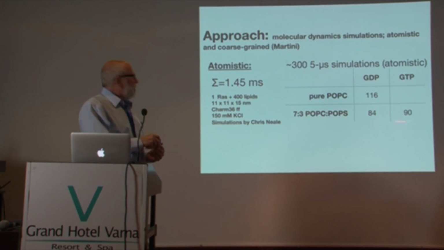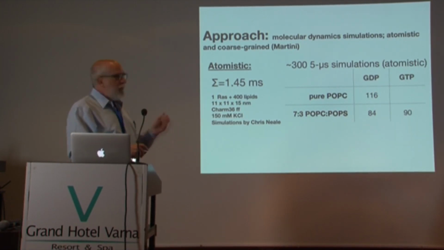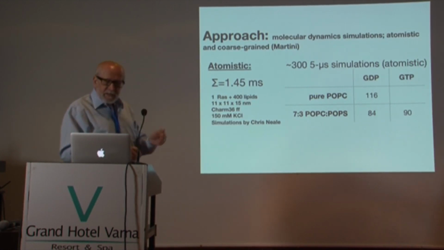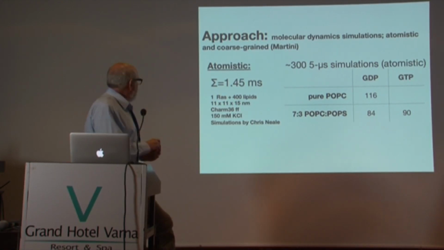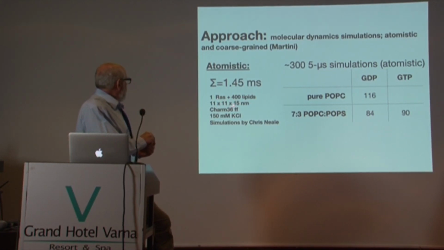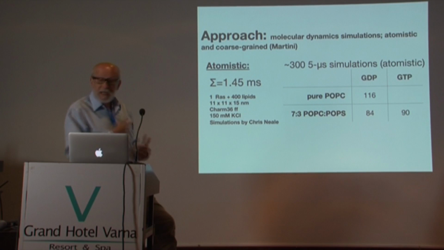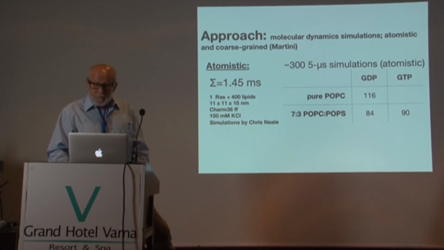Everything has been repeated almost 100 times, so it's almost 105 microsecond simulations. There is a reason for doing that based on the statistics of the system, but I'm not going to go into those details. These are straightforward MD at this level: one RAS, 400 lipids, about 200,000 atoms per system in a 150 millimolar solution.